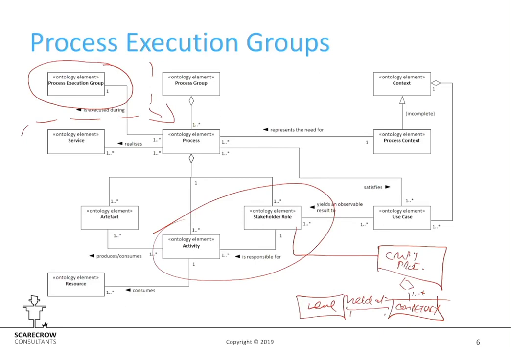So now from my project plan, which I'm developing from my deep life cycle model, I not only know the stakeholder roles that I need and the loading on them, I actually know the competencies that are needed by my staff to carry out the activities as part of my project.